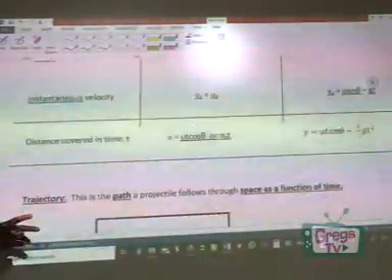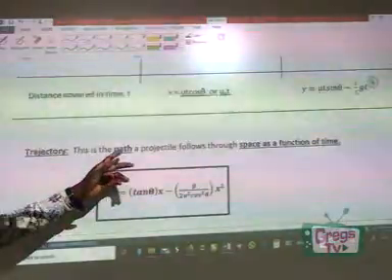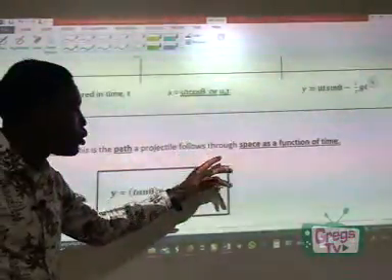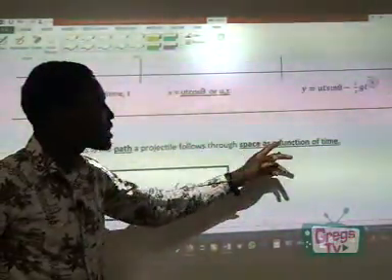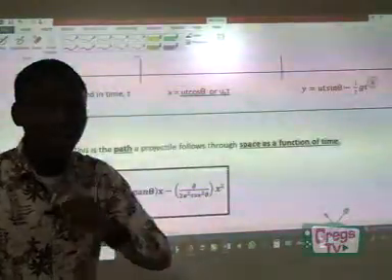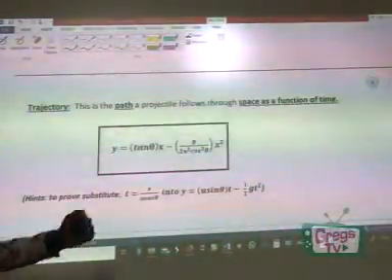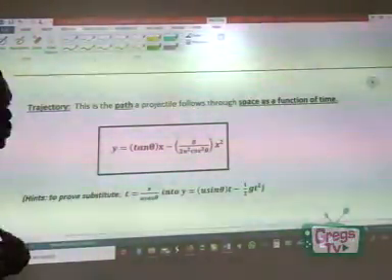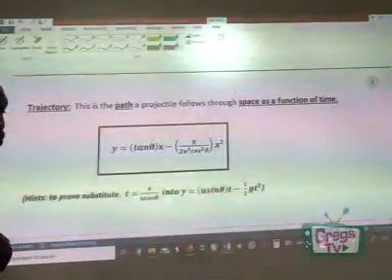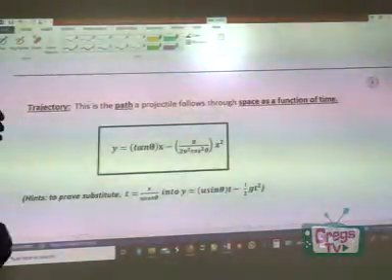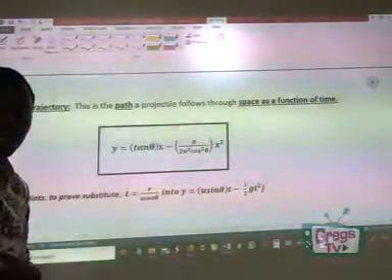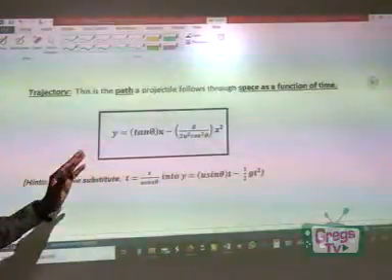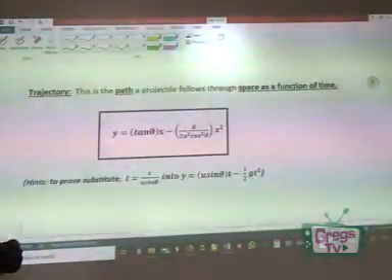Now let's see. Trajectory is the path a projectile follows through space as a function of time. And of course, I have the formula there, which is y equals x tan theta minus g over 2u squared cos squared theta multiplied by x squared. Now, there's something very interesting concerning trajectory.